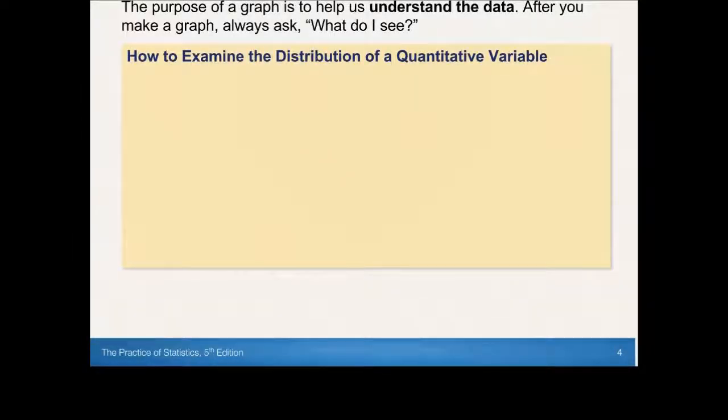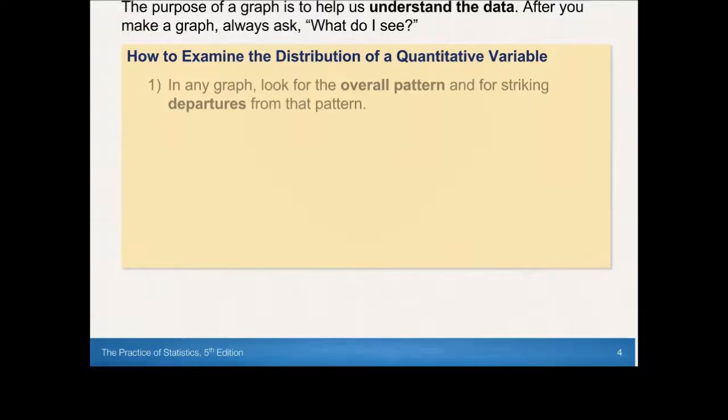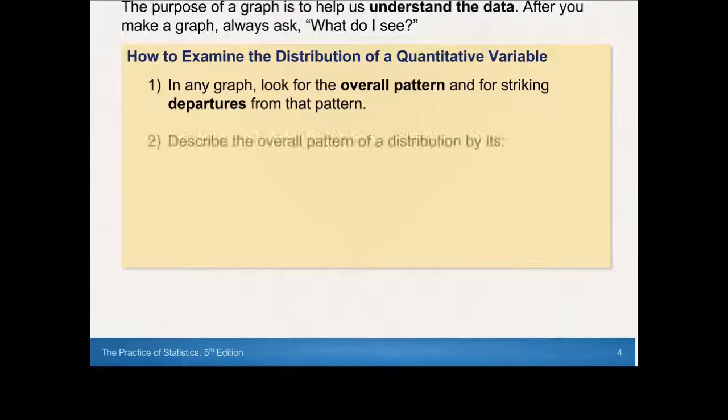Okay, so here's how we're going to examine the distribution of quantitative variables. In any graph, look for an overall pattern and for striking departures from the pattern. That's the first thing you do. Then we're going to describe the overall pattern by its shape, by its center, and by its spread.